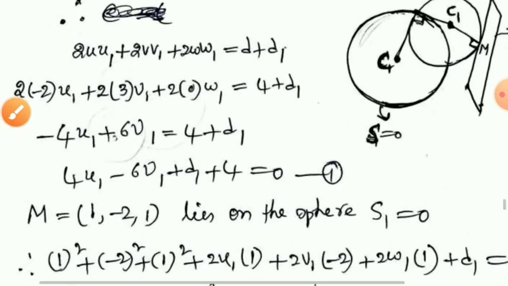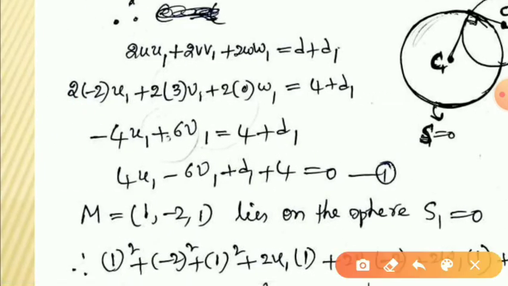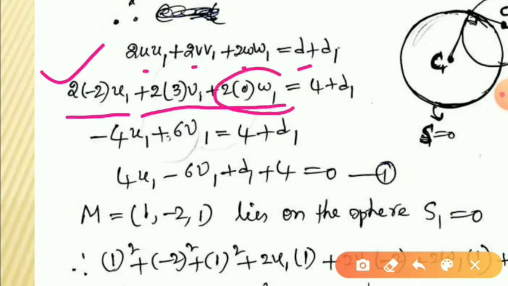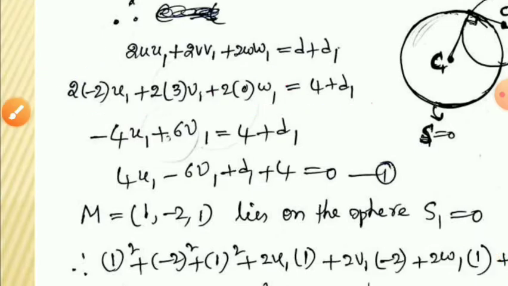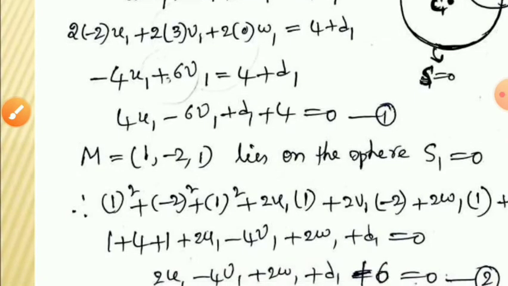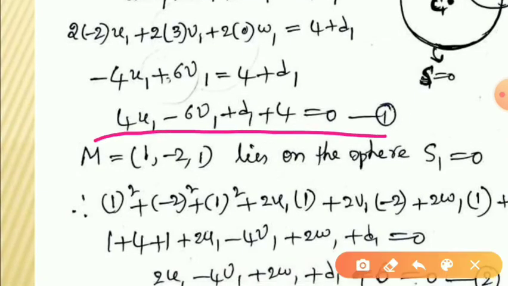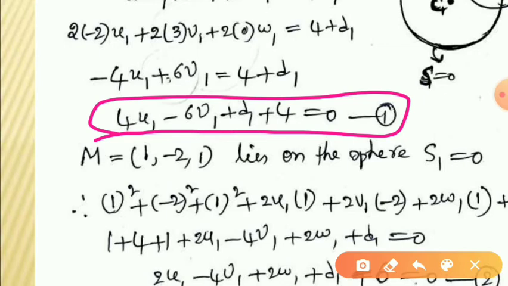Here we know the values of u, v, w and d. By taking these values, you can write 2 into -2 into u1 plus 2 into 3 into v1 plus 2 into 0, equal to 4 + d1. On simplification of this equation, finally you are left with 4u1 - 6v1 + d1 + 4 = 0. Say this is equation number 1.